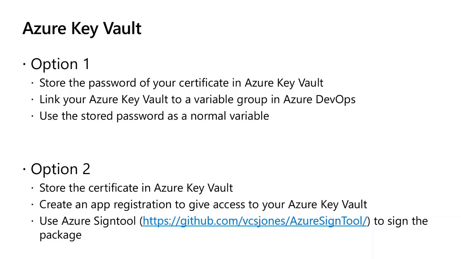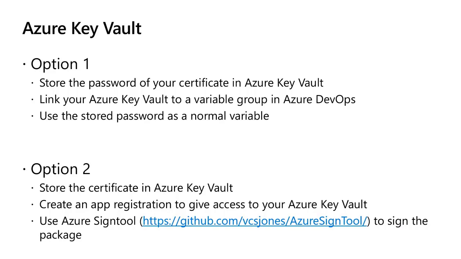If you want to have the maximum security, you can even store the certificate in Azure Key Vault. You don't store the certificate in Azure DevOps, but you do the signing using a .NET Core tool called Azure SignTool. This tool works like the Windows SignTool, but instead of getting the password and the certificate locally, it can connect to Azure Key Vault.